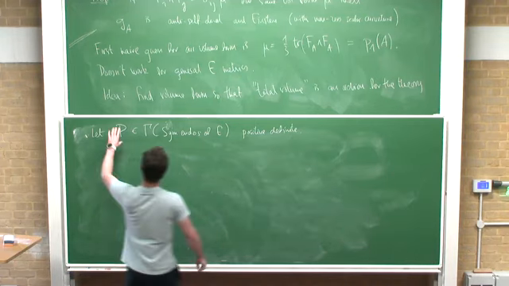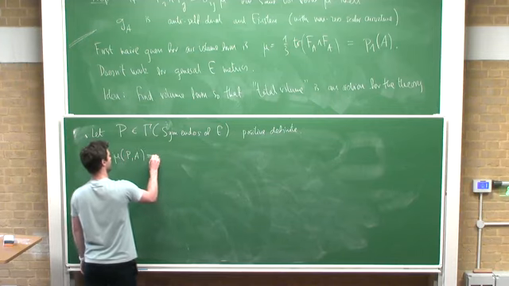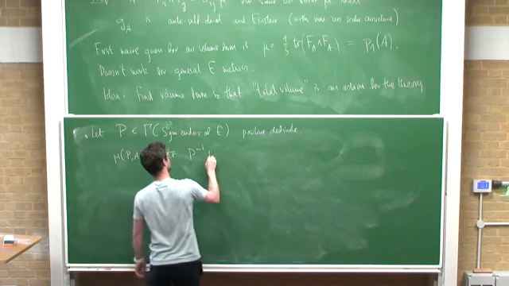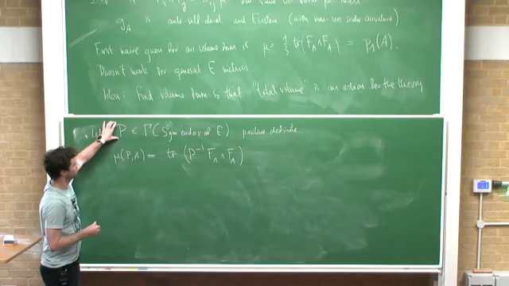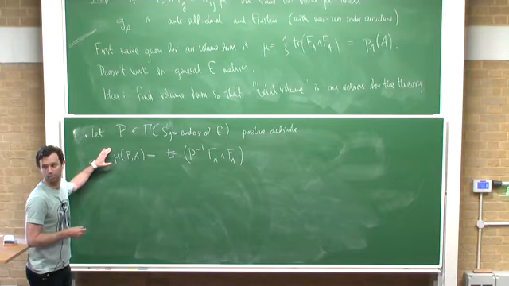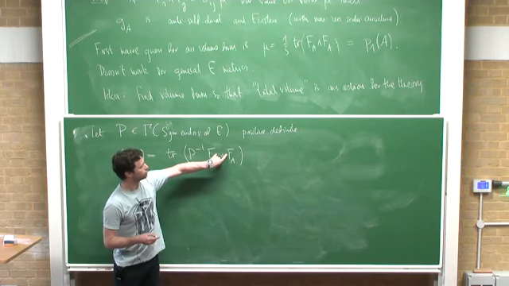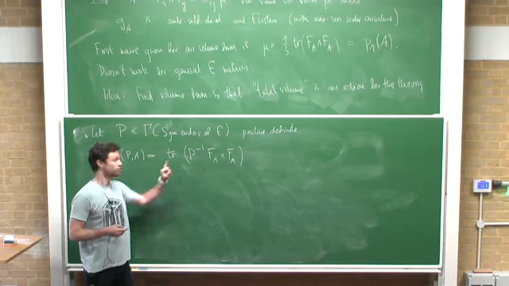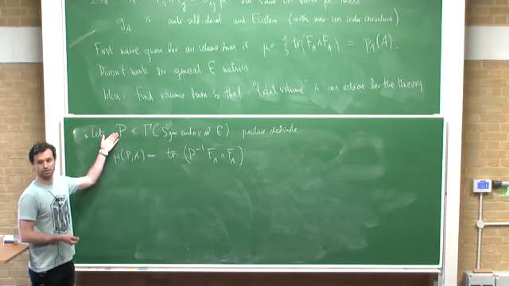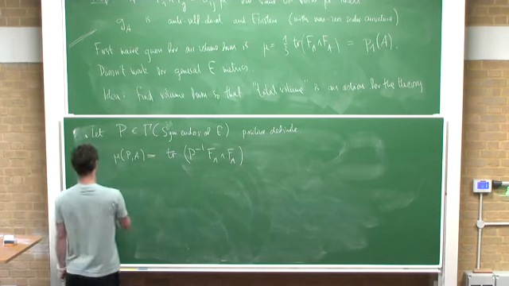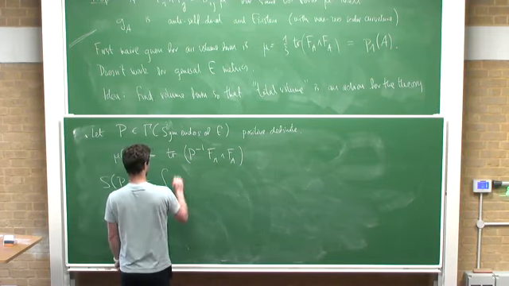For each choice of one of these, I'm going to get a volume form. I'm going to write down mu of P and A to be the trace of P to the minus 1 F_A wedge F_A. If I took just the identity map, this would be, up to some constant, the first Pontryagin form. But now I'm allowing myself to mix up the 4-forms in this endomorphism-valued 4-form by multiplying with P to the minus 1 before I take the trace. Now I have a whole family of volume forms parameterized by these sections. And so now I can look at a kind of combined action, which is the total volume of this guy.